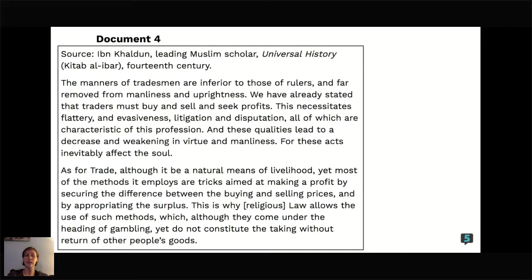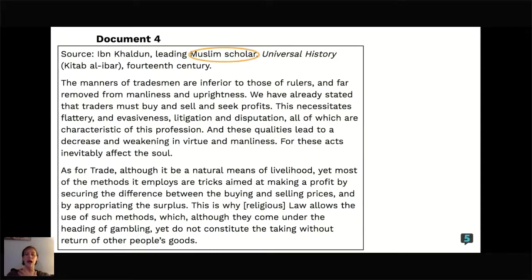He acknowledges that trading is a natural means of livelihood, and he acknowledges that religious law allows trade to continue even though he feels as though it's gambling. So if this guy's got a really mixed view of trade, I want to be thinking about what I know about him or his situation that might impact why he has such a mixed view.